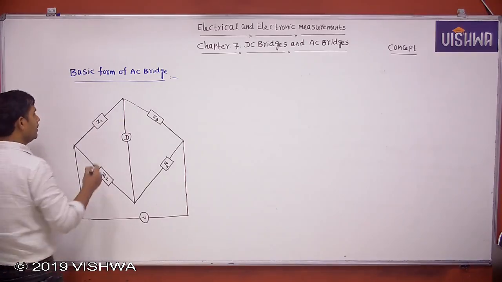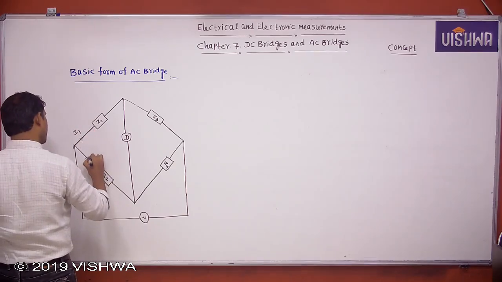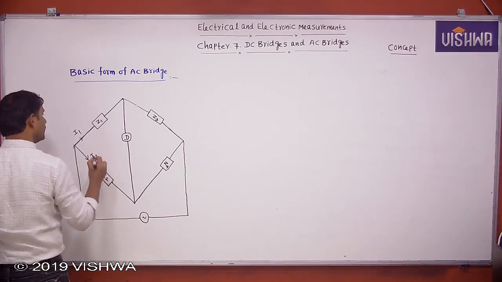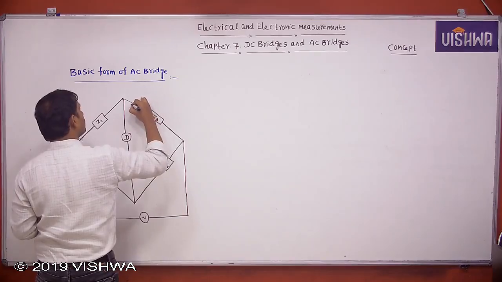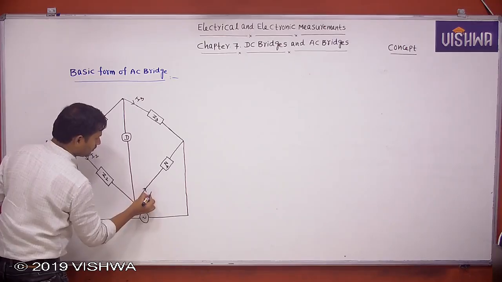Let this current be I1. This current is I2. And this is I3. And this is I4.